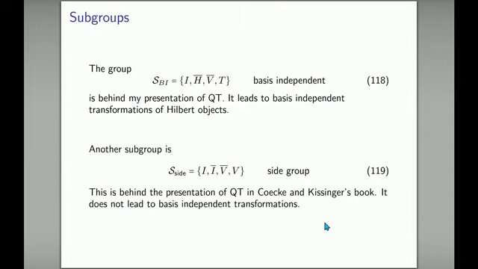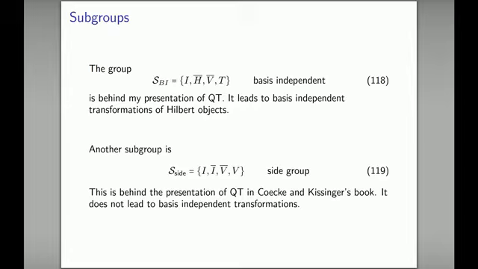There's another subgroup which I'm calling the side group, for reasons I'll explain in a little while. And this is behind the presentation of quantum theory in Kircher and Kissinger's book. And it gives you basis-dependent transformations, so it depends what orthonormal basis you use.